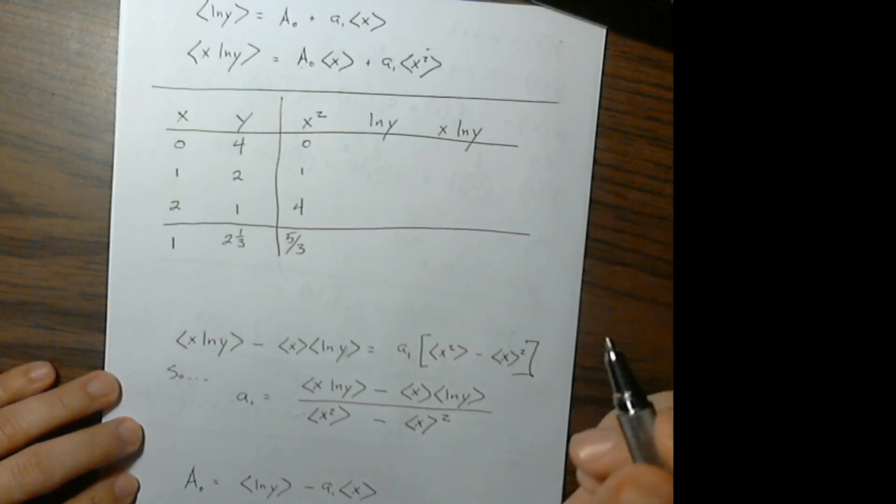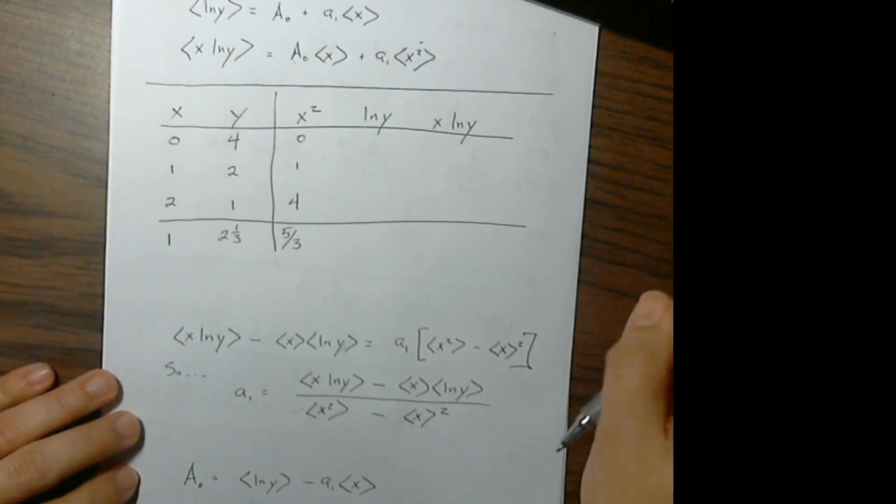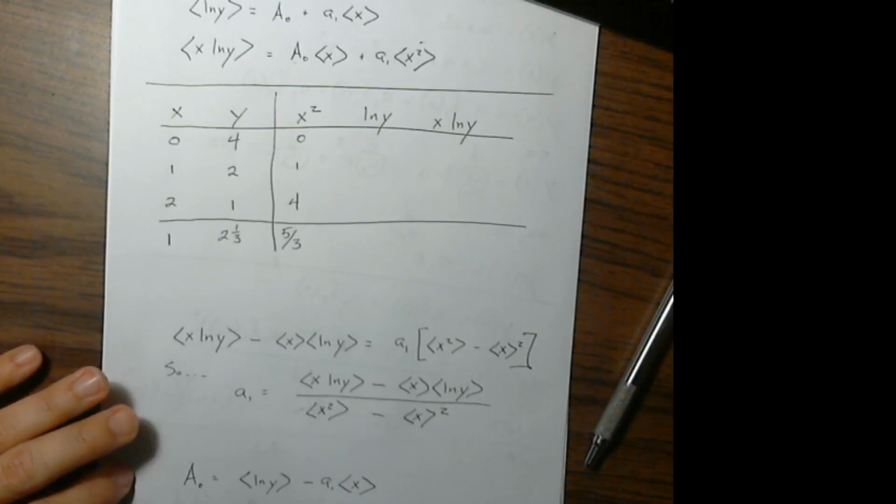All right, the natural log of y. Now, I'm not going to try to do that in my head. Let's go to Python. Let me import my math library, and I'm good to go. I need to take a log of 4, and I need to take a log of 2, and I know the log of 1 is 0. So here's what I get. 1.38629.